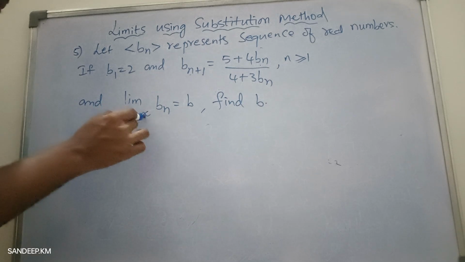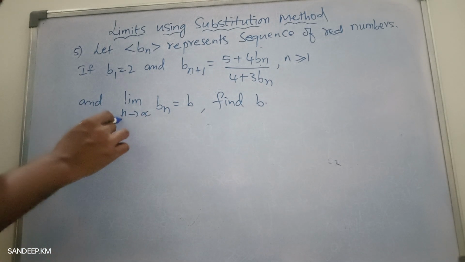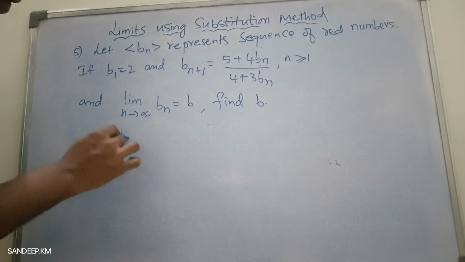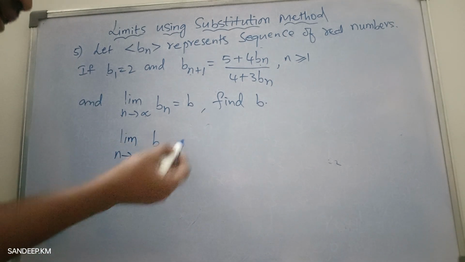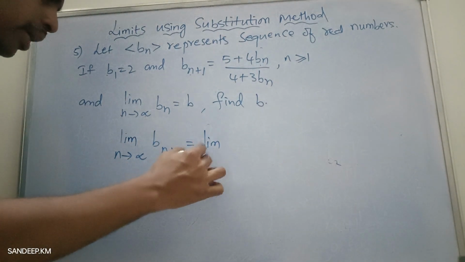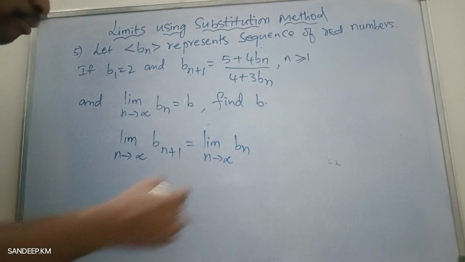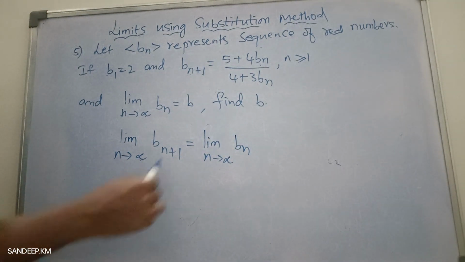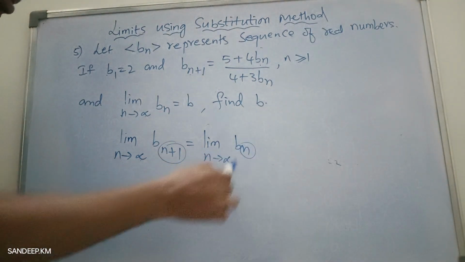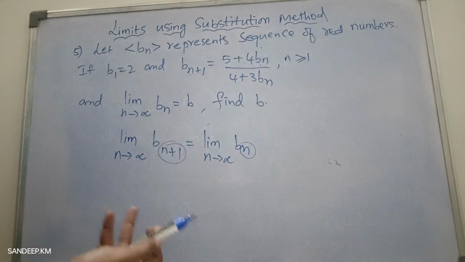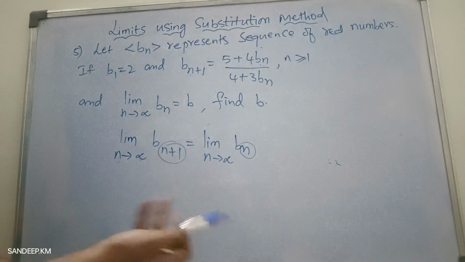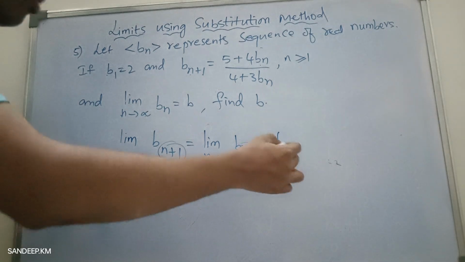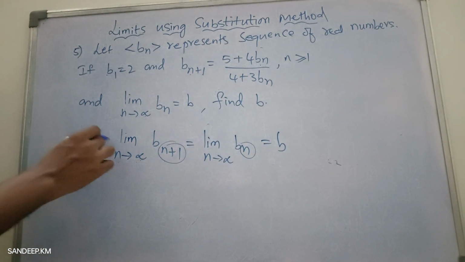When n is approaching infinity, limit n approaches infinity B suffix n plus 1 is the same as limit n approaches infinity Bn. Because n is approaching infinity, n plus 1 and n both will be the same only, right? So both are equal to B. Remember this point.